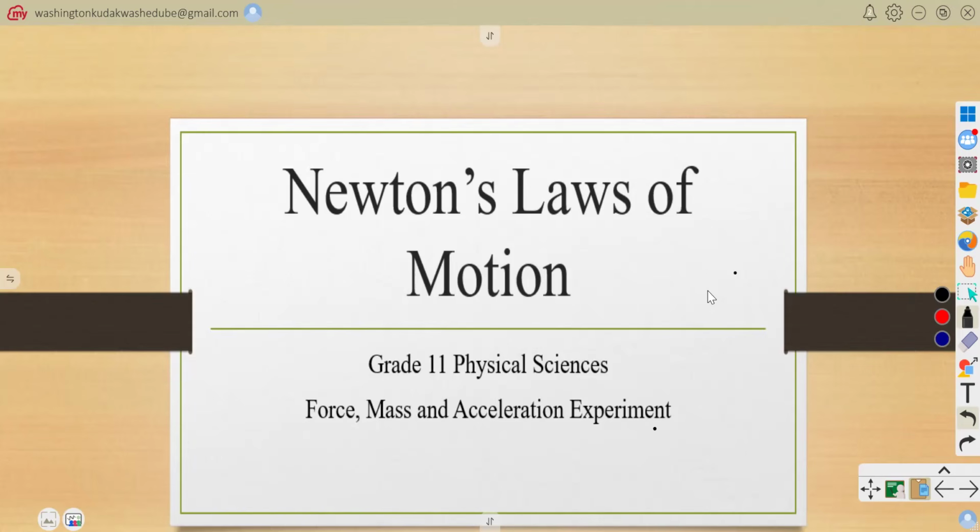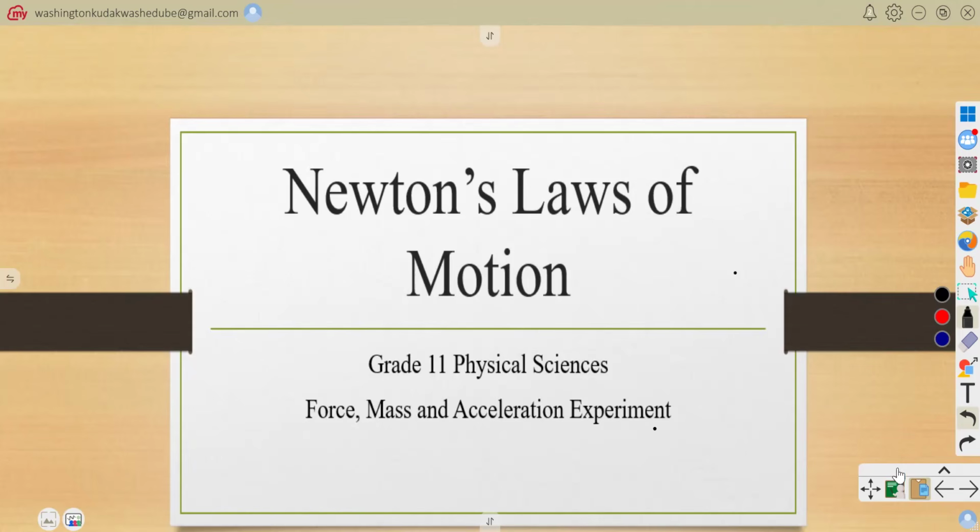That is the introductory topic where you get introduced to grade 11 stuff, where you do a recap on what you have done in grade 10. So this topic, Newton's laws of motion, is a continuation from vectors in 2 dimension.